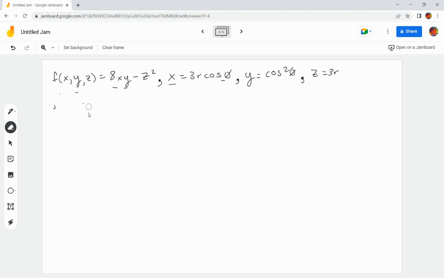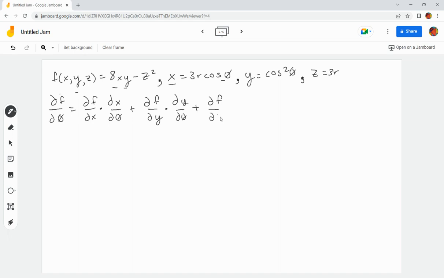Actually, we don't even need to do that because the answer key is just looking for, in the end, df d theta, which equals df dx multiplied by dx d theta, plus df dy multiplied by dy d theta, plus df dz multiplied by dz d theta.